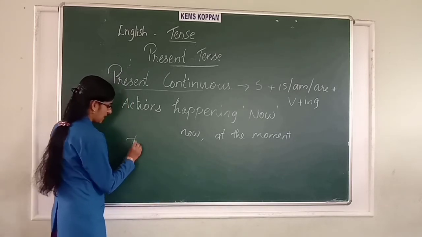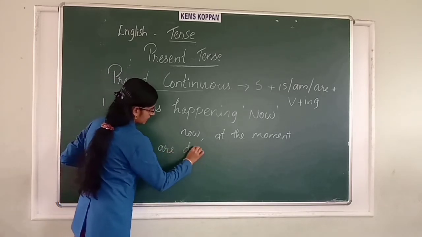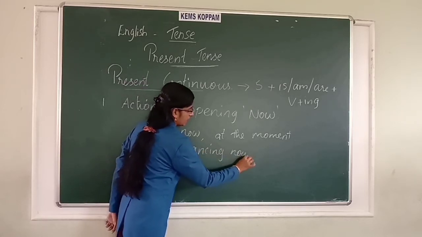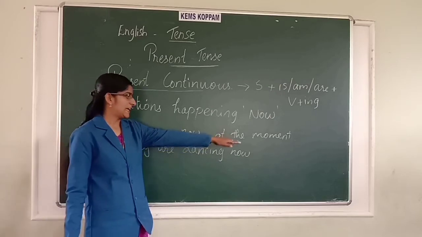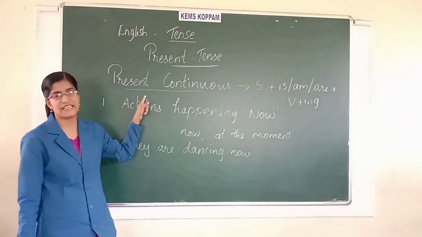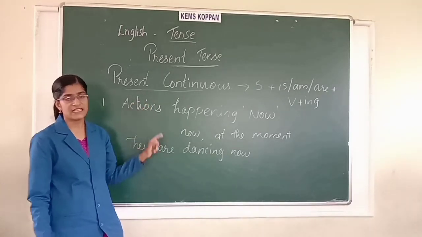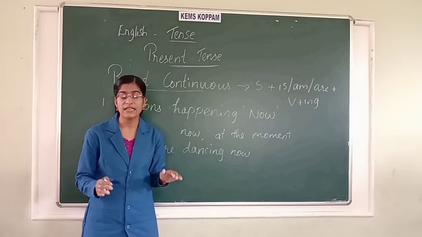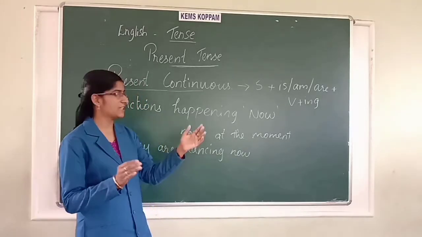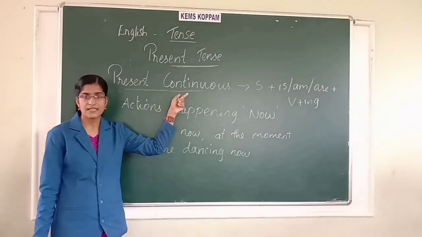Okay, they are dancing now. They are playing cricket at the moment. So present continuous tense is used to denote an action that is happening now, that is happening at the time of speaking. So for such occasions we use present continuous tense.